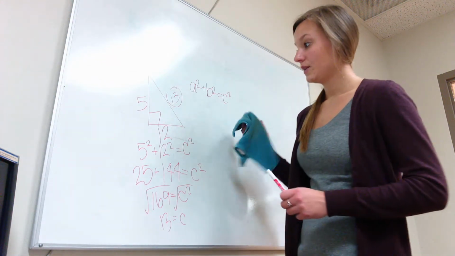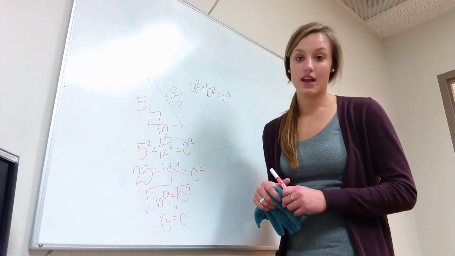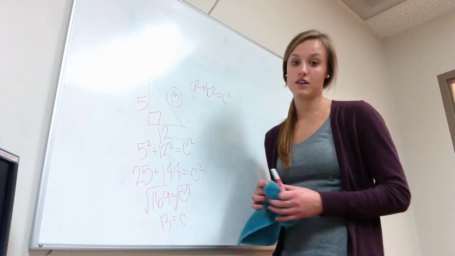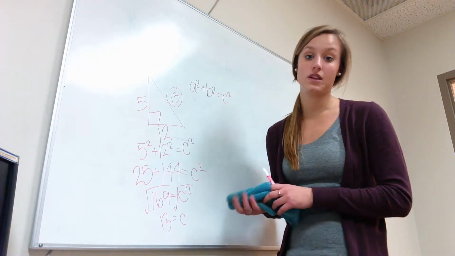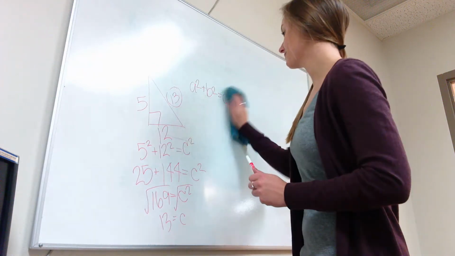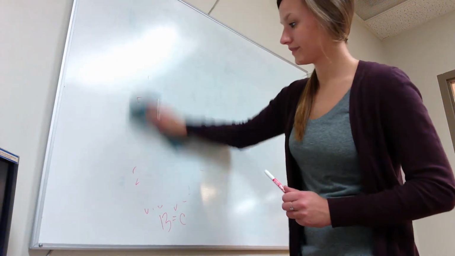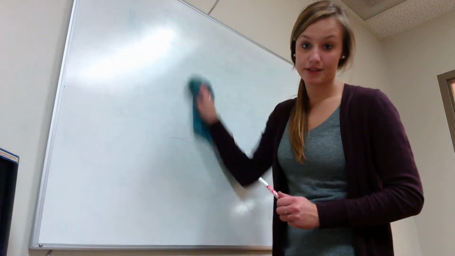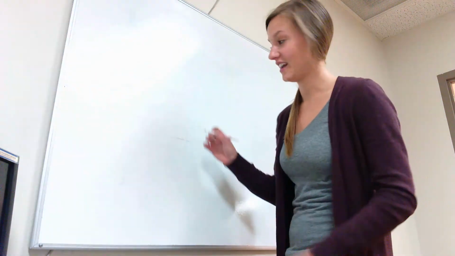So now that we've solved the problem where we had to find the hypotenuse, we're going to solve a problem where the hypotenuse and one leg is given to us, and we need to solve for the opposite leg. So we're going to start off by redrawing another right triangle.